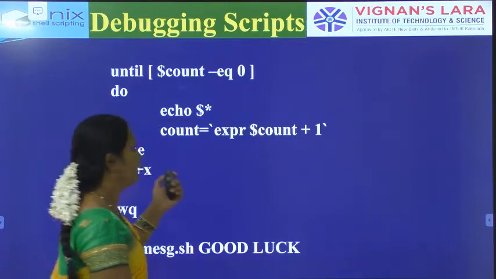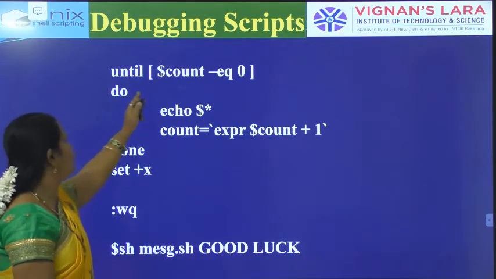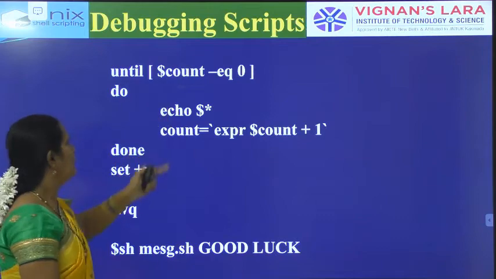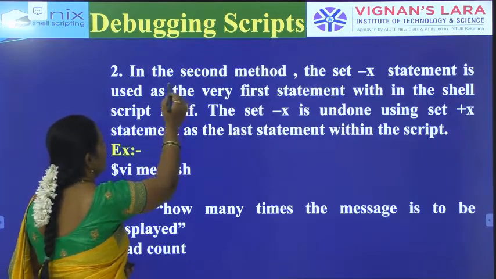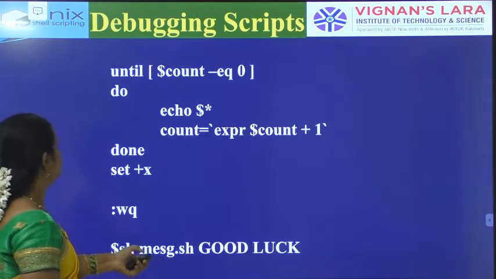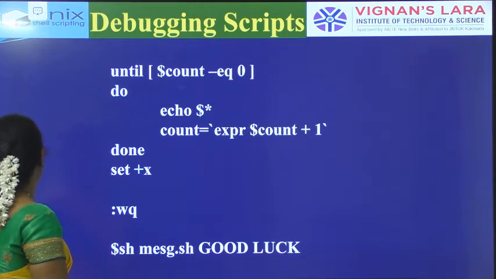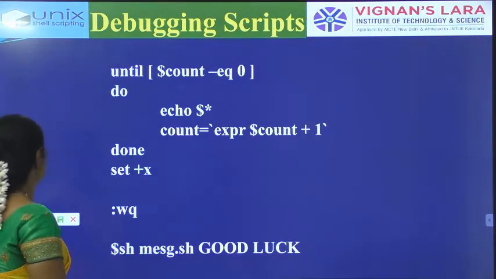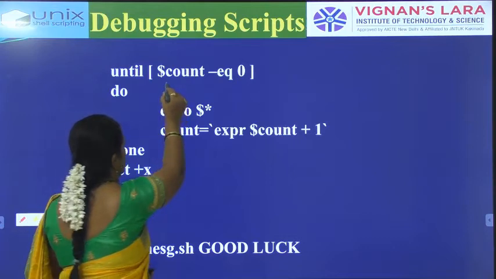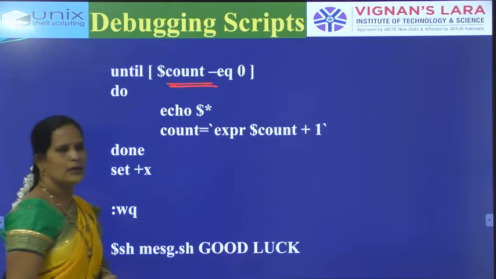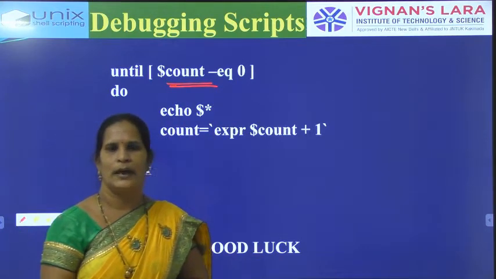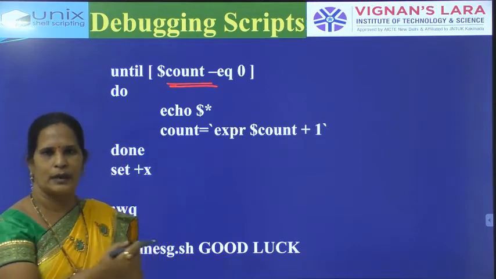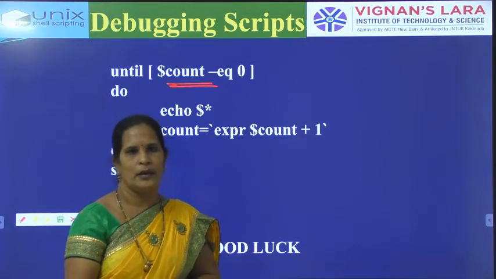The syntax of the until loop is: until followed by one space followed by the conditional expression. Here, what is the conditional expression? $count equals 0. I declared one variable, that is count: read followed by count.